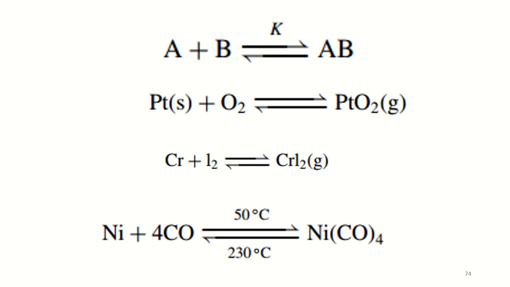The Mond process for the purification of nickel involves an exothermic reaction of nickel with carbon monoxide to form gaseous nickel carbonyl. In this reaction, nickel and four molecules of carbon monoxide react at elevated temperatures and change into gaseous nickel carbonyl.